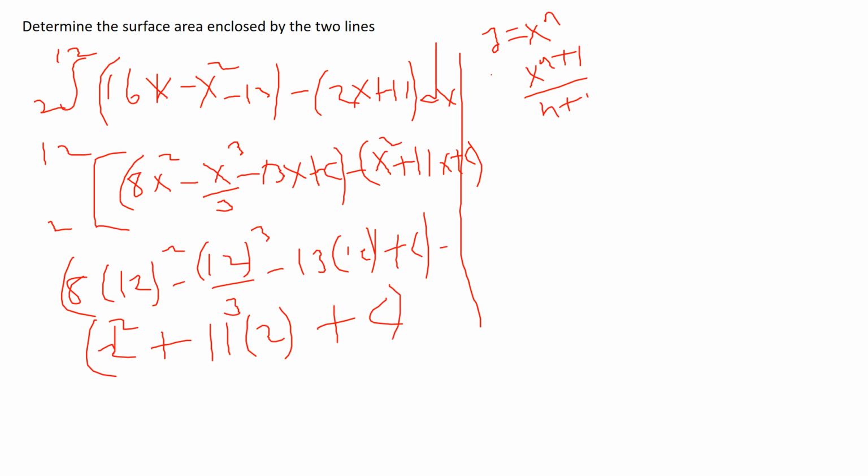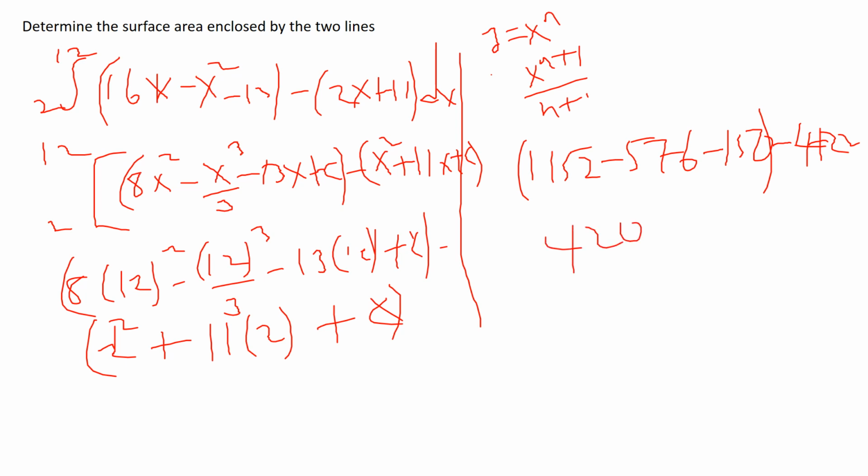If we subtract and work this out, we are going to remain here with 1152, then minus 576, and then minus 156. Remember, the c here cancels out, and then we subtract minus 4 plus 22, and this becomes 420, then minus 26, which gives us 394 units.